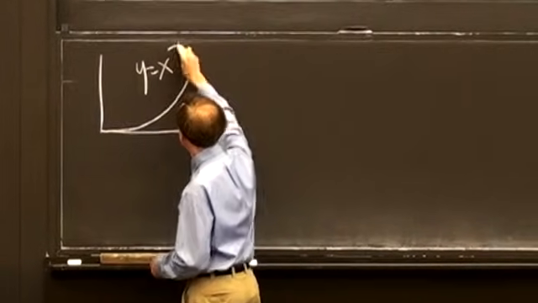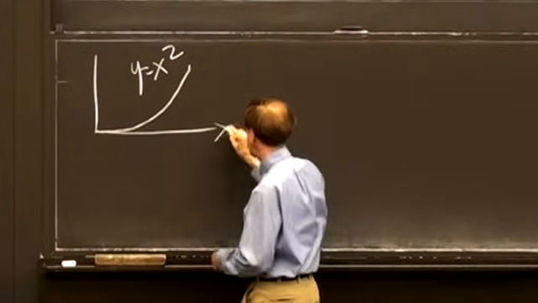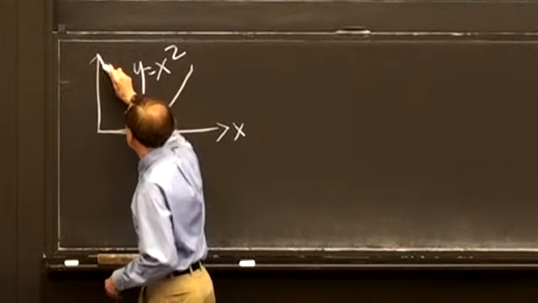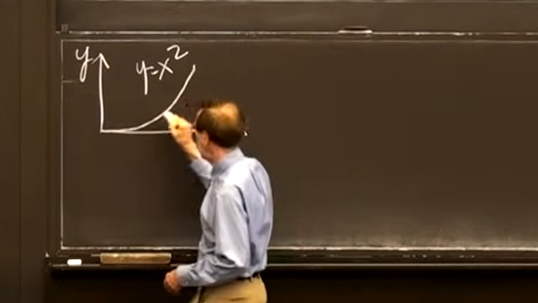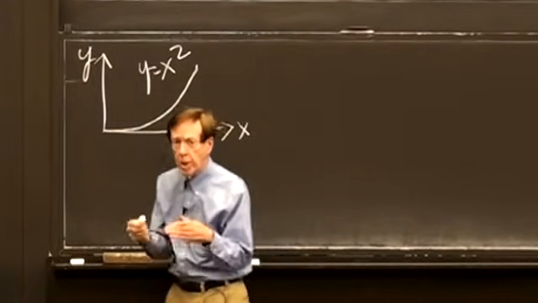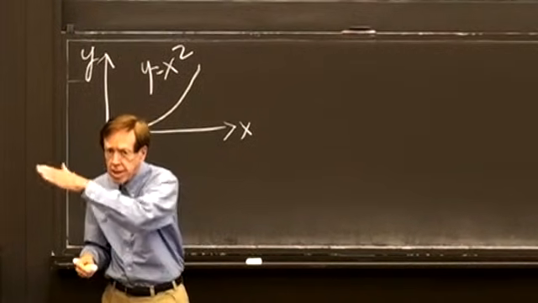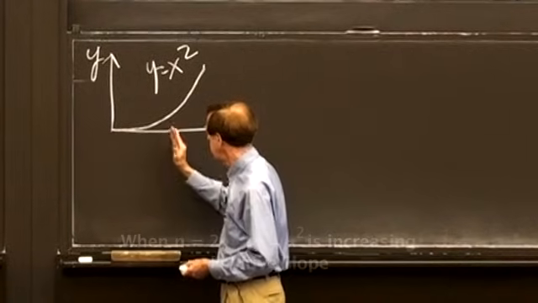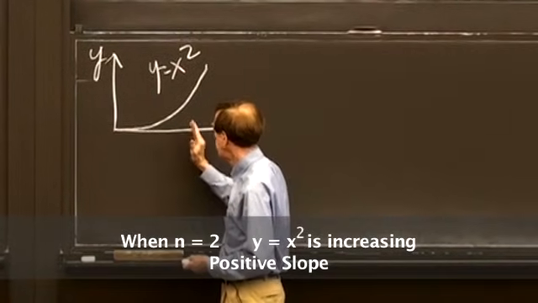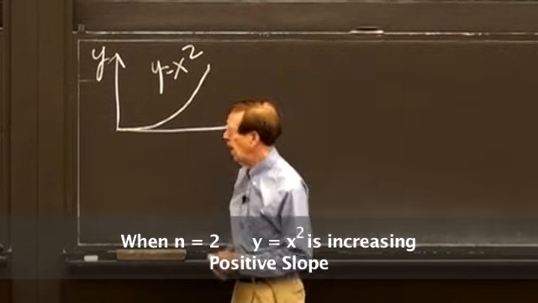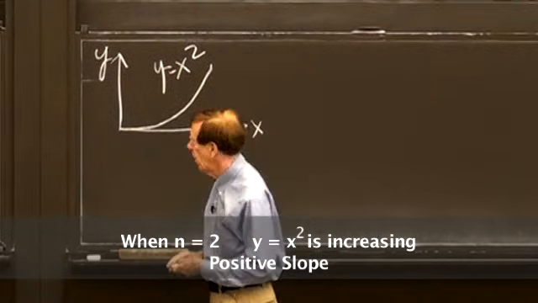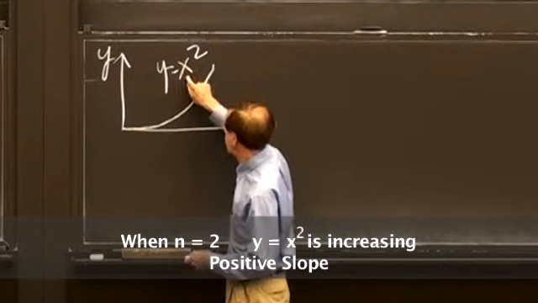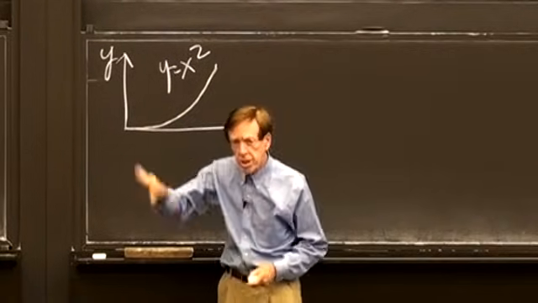So this direction is x, this direction is y, and I want to know the slope, and the point is that that slope is changing as I go up. So the slope depends on x. The slope will be different here, so it's getting steeper and steeper. I'll figure out that slope. For this example, x squared when n is 2, and it's climbing.